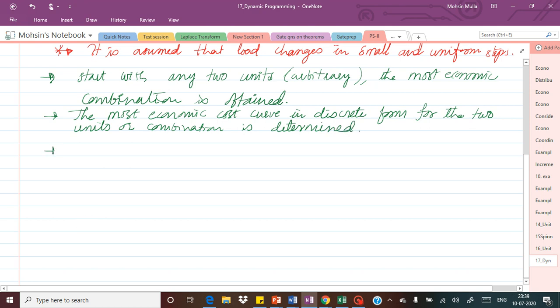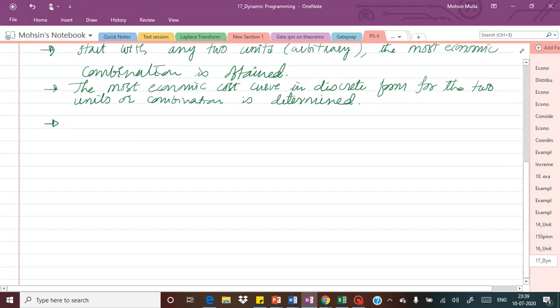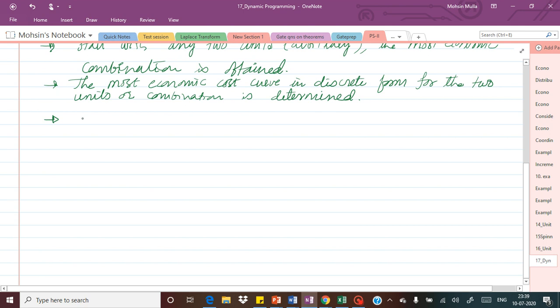Now to this characteristic the third unit will be added.